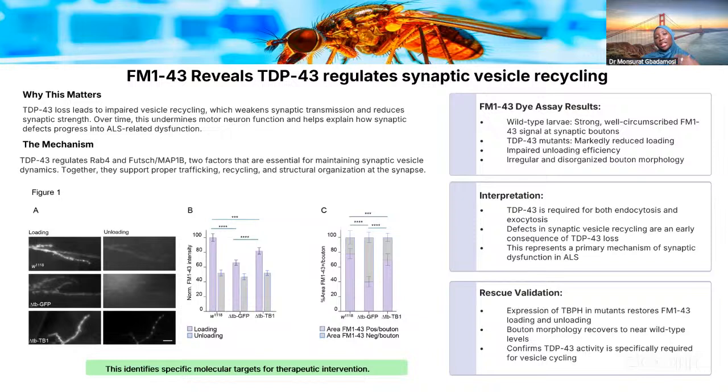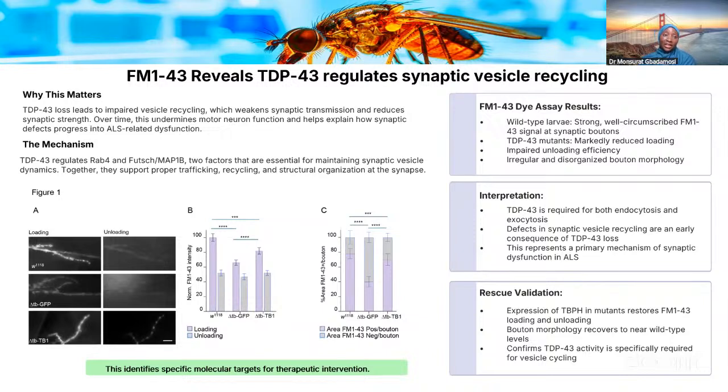Exocytosis is when the dye is taken out of the vesicles into the synaptic cleft; we term that unloading. So you load in the dye, which is endocytosis. Then you stimulate again and unload the dye. That is exocytosis. That is one complete synaptic vesicle cycle.